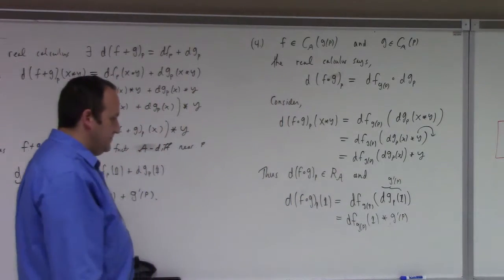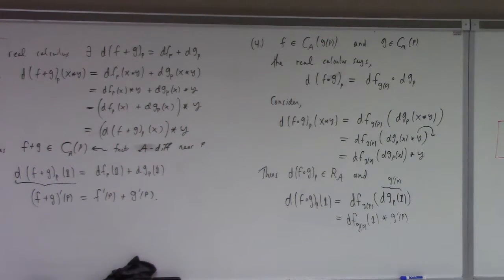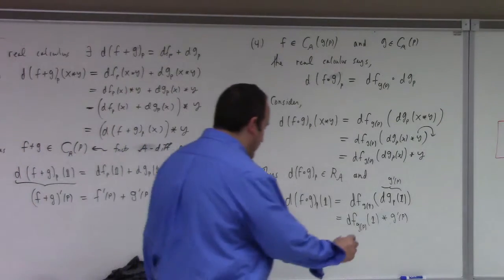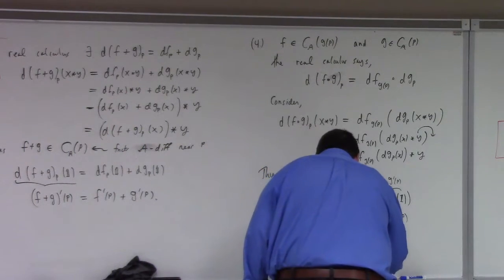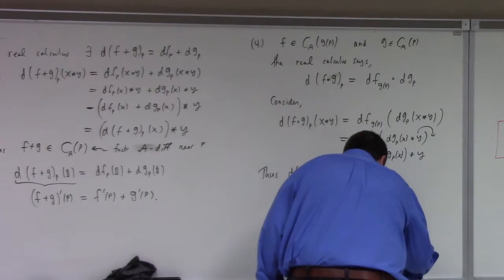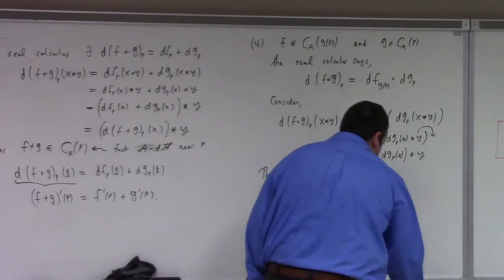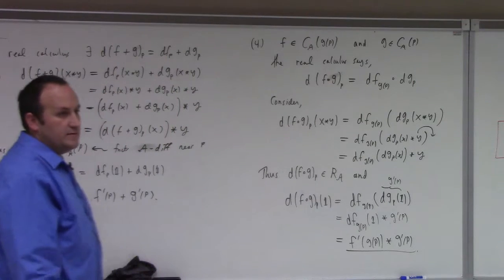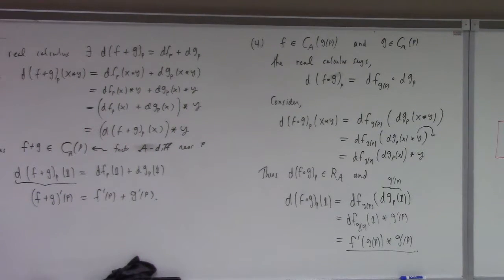But what is dF at G of P at 1? That is exactly F prime of G of P by our definition. So there you go. You've got the chain rule. You've got the sum rule. You've got a product rule. But admittedly, the product rule is technical. I'll show you in a second.